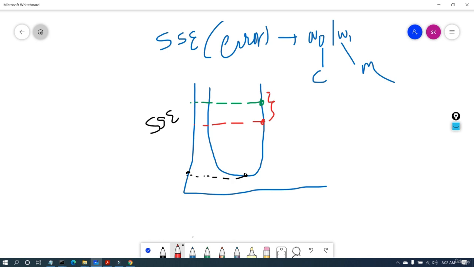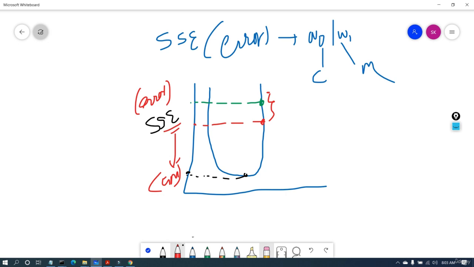Then obviously you will take this red, because it is the lowest of the two. It has the minimum sum of squared error. We don't want this error to be maximum in our project, so we make it as minimum as possible, and the minimum is at this point, which is our global minimum. So our main goal is to find this global minimum.